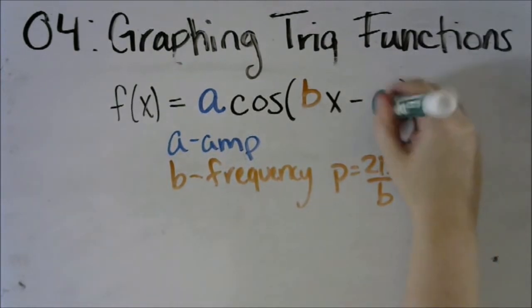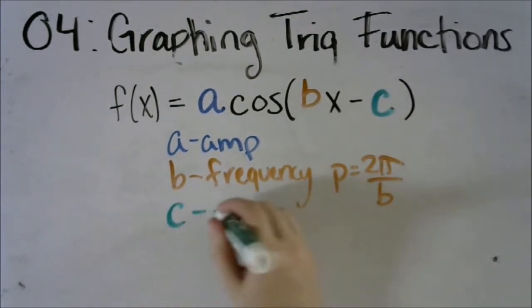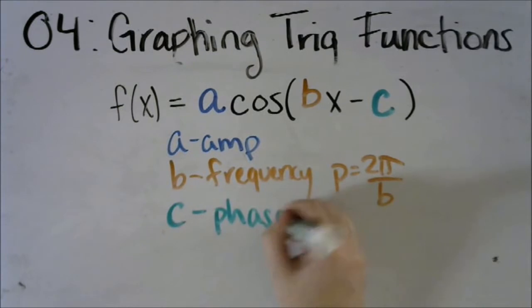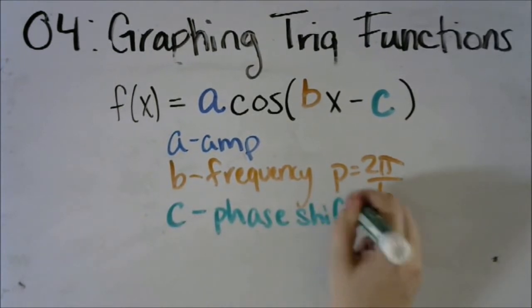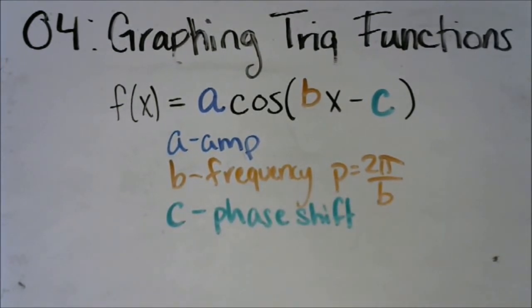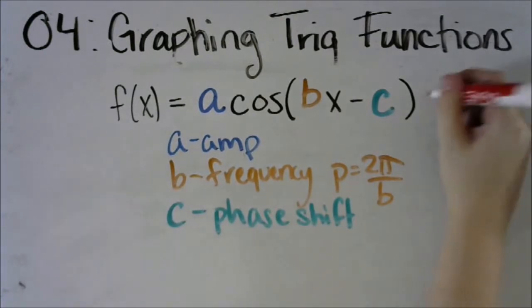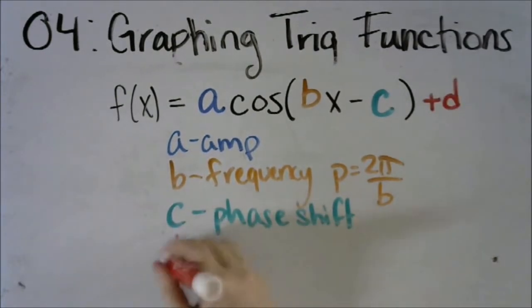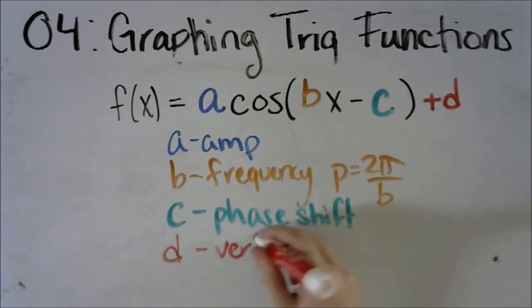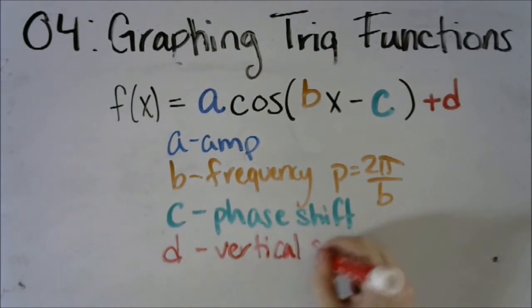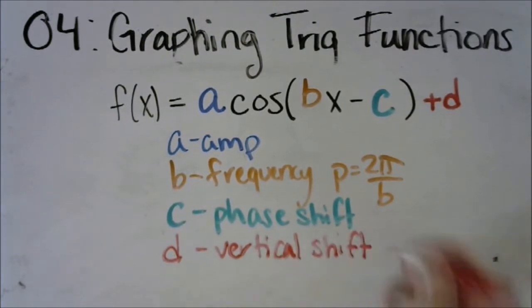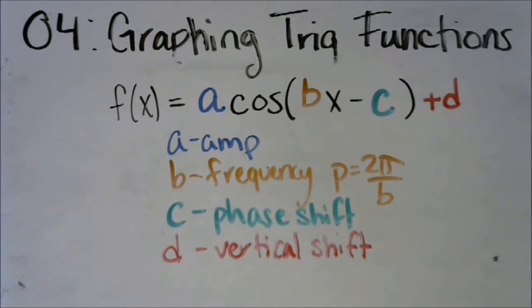C is the phase shift. And D is the vertical translation, or vertical shift. Now, let's hone in on just phase shift and vertical shift, now that we're already established with amplitude and frequency.